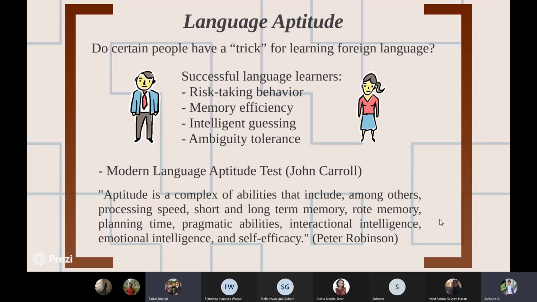Aptitude is a complex of abilities that include, among others, processing speed, short and long-term memory, rote memory, planning time, adaptability, situational intelligence, and self-efficacy. That was given by Peter Robinson in his book.